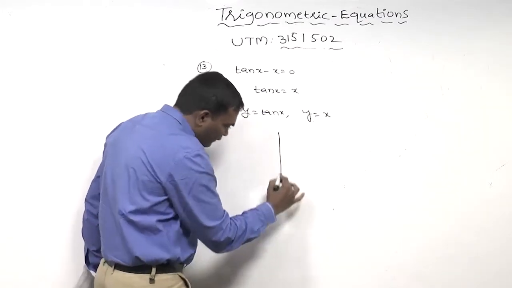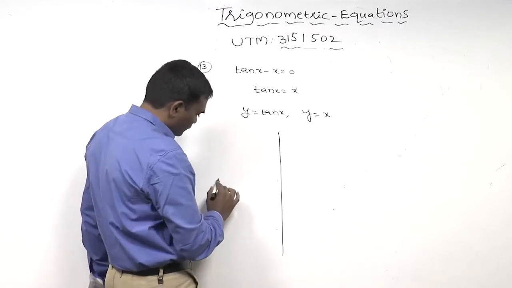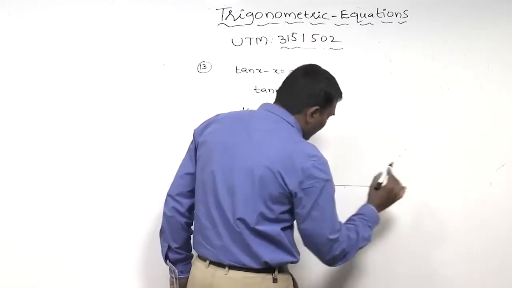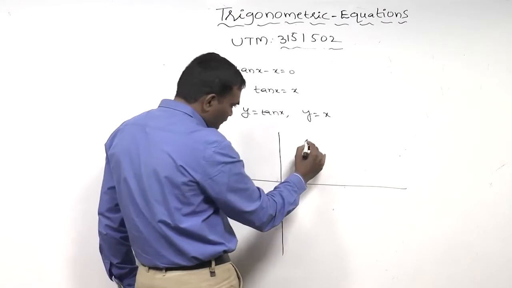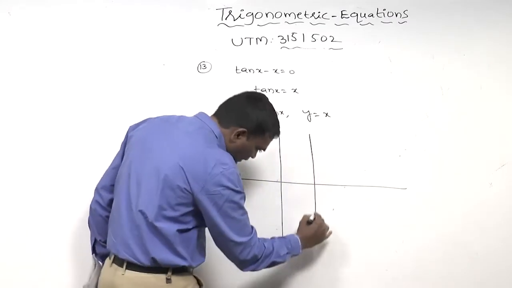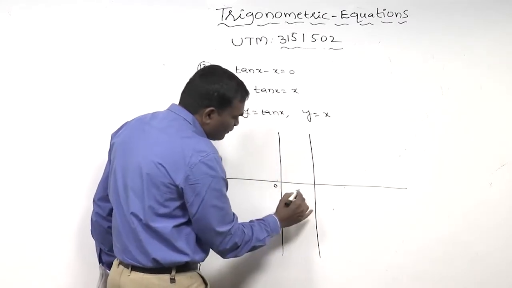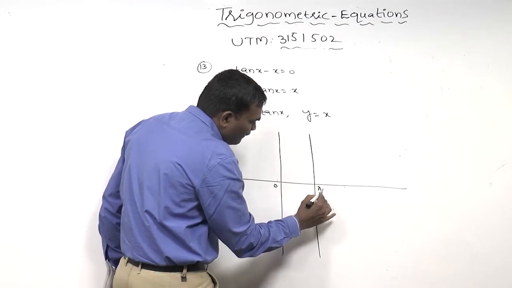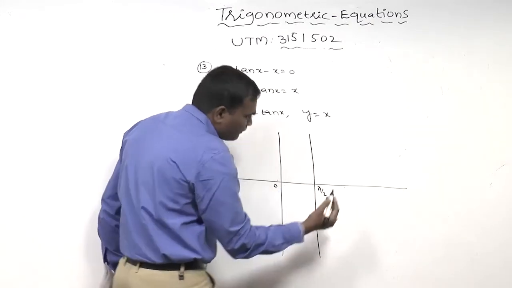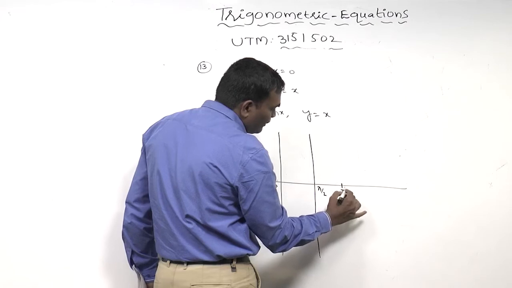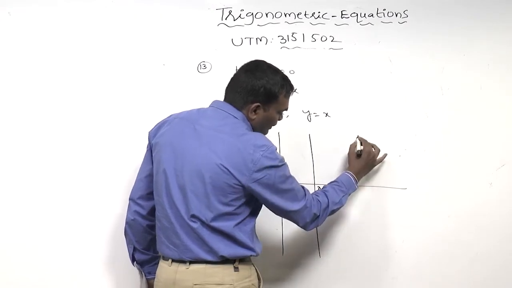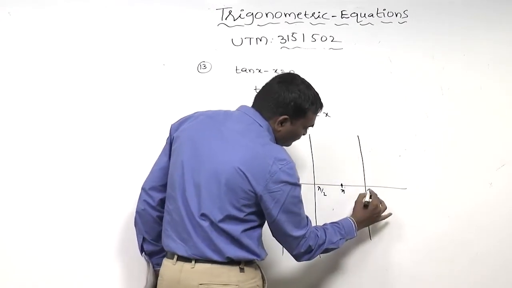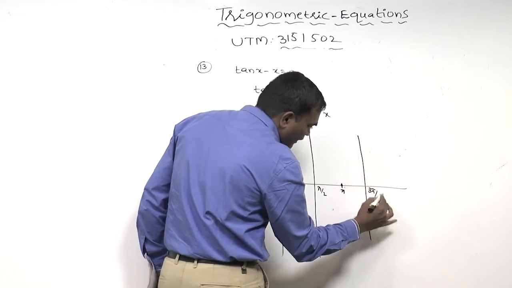How to draw the graph of tan x? Graphs are there in first year. Tan x: what is tan 0? 0. Tan pi by 2 not defined, not defined means one vertical line. Here pi, tan pi is 0. Tan 3 pi by 2 not defined.